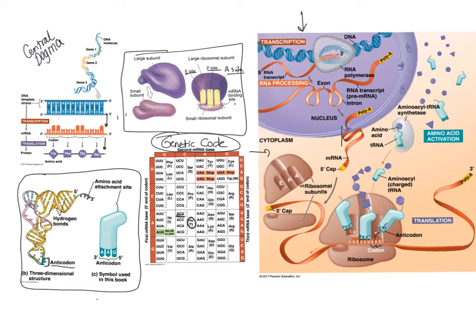Then that tRNA is going to shift to the P site, and as that occurs, the amino acid that's attached to that tRNA will then form a peptide bond in the P site with the growing polypeptide chain that exists in the P site.